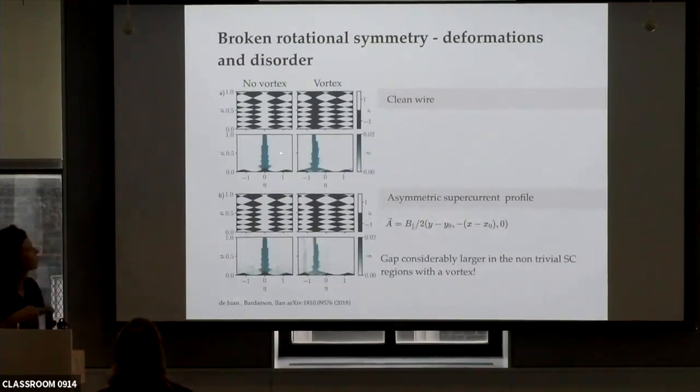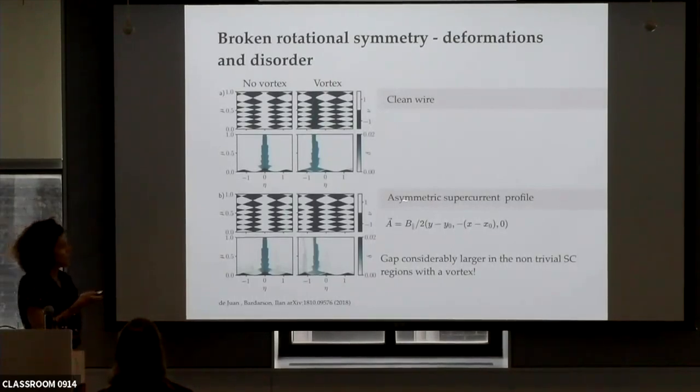So for the clean wire, you get the situation in which you have, in the absence of a vortex, a large gap that is perfectly trivial. Then you add a vortex to the system, and then your gap shifts, and it shifts to be correlated with a non-trivial topological invariant. So this gives you a 1D topological superconductor with Majoranas and whatever you want.